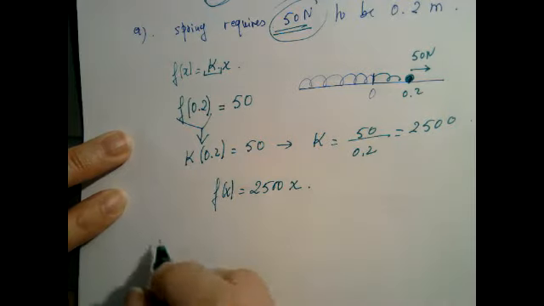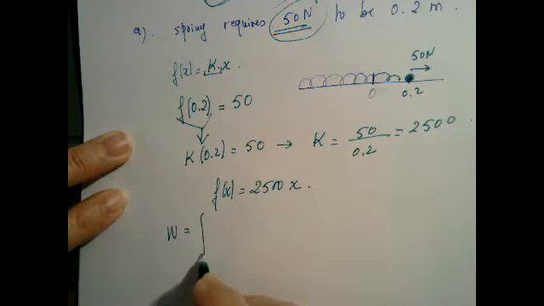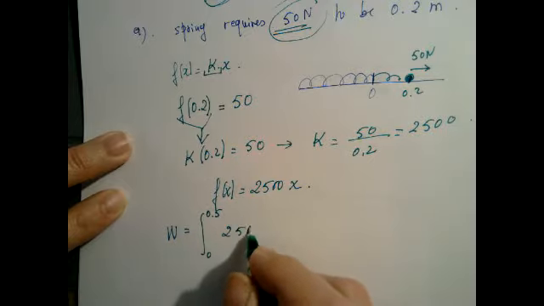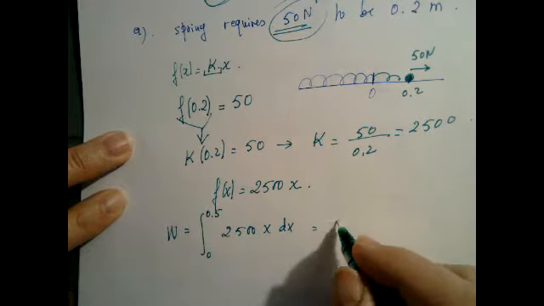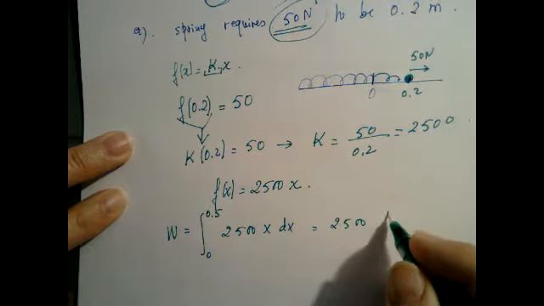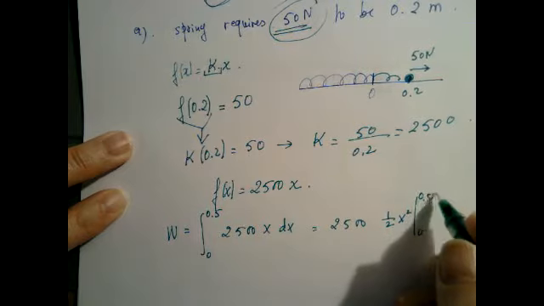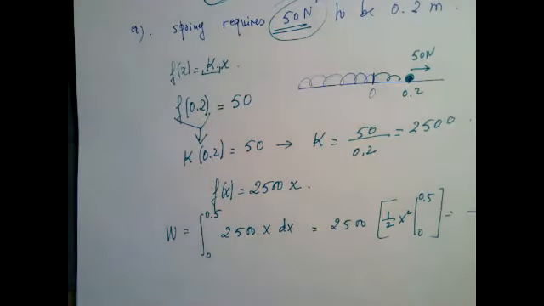Now the work to stretch it 0.5 becomes a simple work integral of 250x dx, and then the rest is very simple math: 125 x squared between 0 and 0.5. And then you evaluate the rest. Okay, so that's scenario number A.